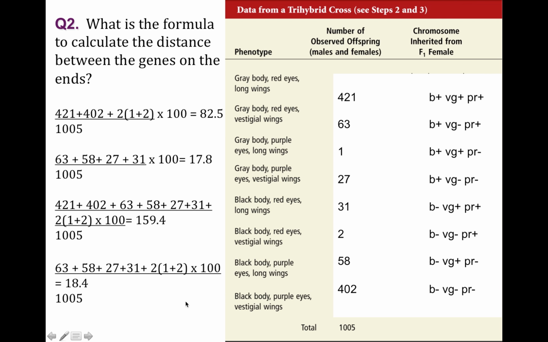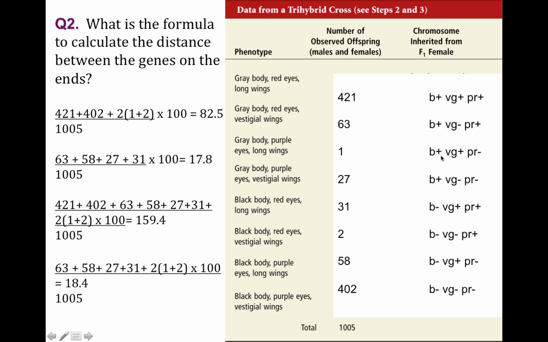of flies. So we have this possibility here and this possibility, but we're not quite finished yet because we need to consider the double crossovers. So although this combination of alleles is the same as one of the parental types, and this combination of alleles is the same as this parental combination of alleles, we actually know that there were 2 recombination events in order to come up with this combination of alleles, with the purple mutant allele in between 2 wild type alleles.